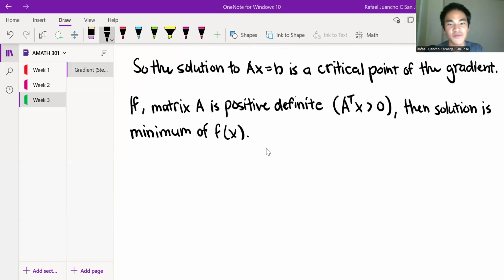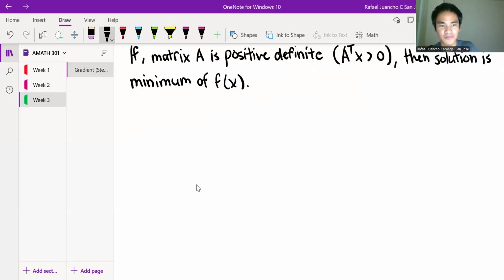To develop an intuitive feel. So here I'm really just focusing more on intuition, not necessarily the math. To develop an intuitive feel for the gradient descent technique and the importance of positive definite matrices. Okay, let's do an example. So here, this matrix, we're going to say it's positive definite.